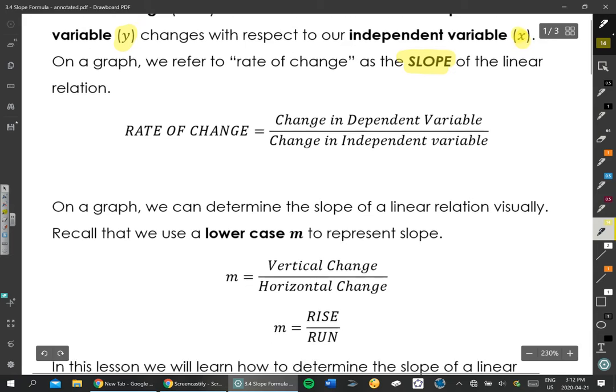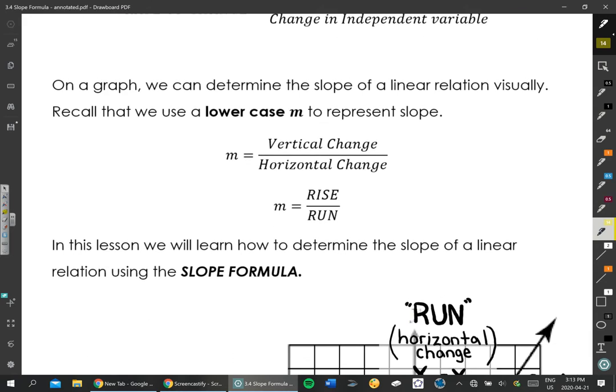So in lesson 3.3, we saw that when we had a graph, we could determine the slope of the linear relation visually, right? So recall that we use a lowercase m to represent slope. So please don't use a capital M. A capital M represents something else that we'll learn about later. So we use a lowercase m.